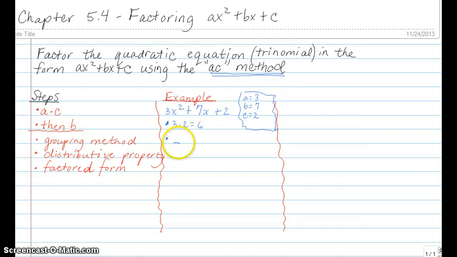The b value right now is 7. And so we have something plus something equaling 7. So we go back up here and we figure out the factors of 6.